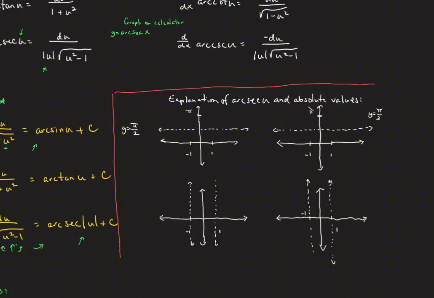Let's take the secant of both sides. So that's going to get us secant of y on the left, and the secant of the arc secant of x is like f of f inverse. That's going to get us just x. We'll recognize that secant of y is 1 over cosine of y. Then we'll take the reciprocal of both sides and get cosine of y is equal to 1 over x.